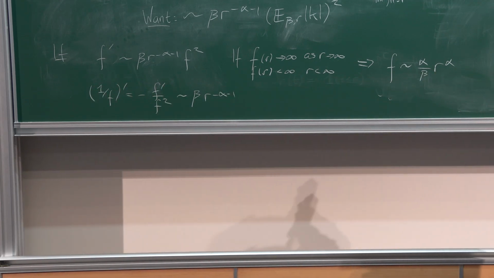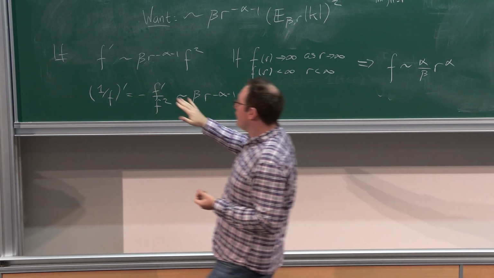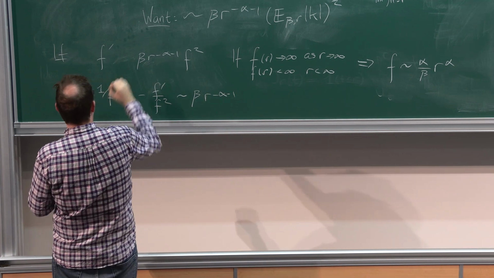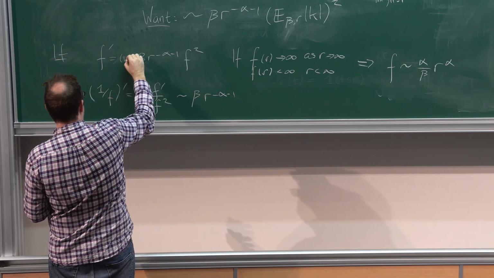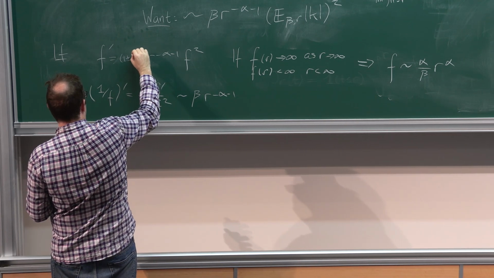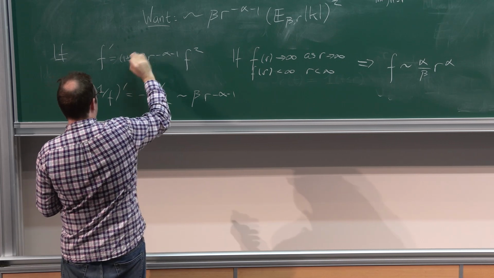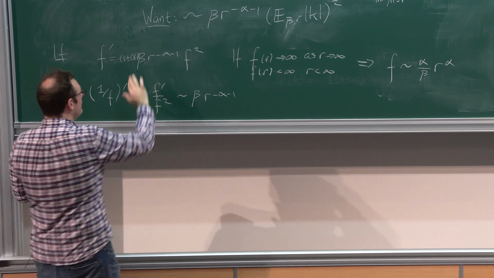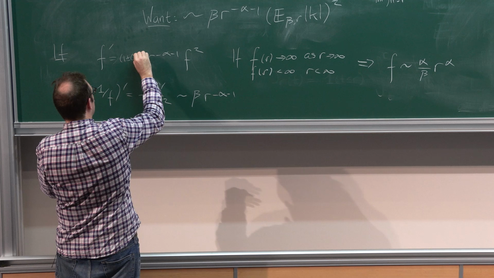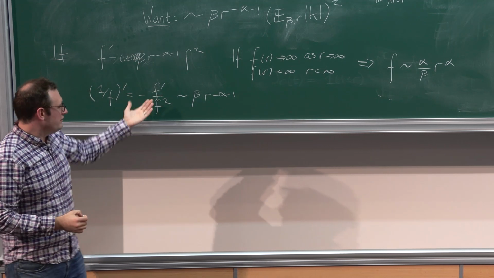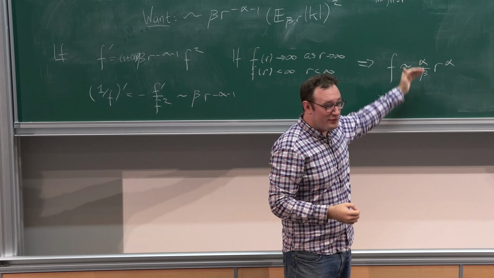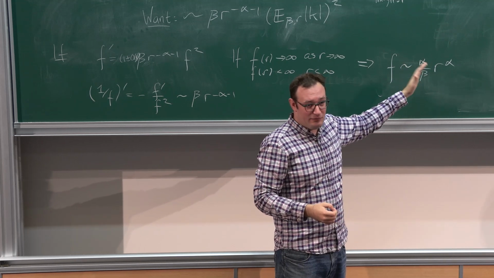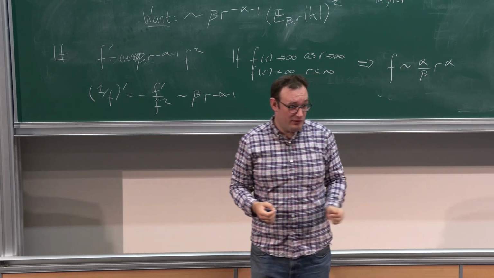Moreover, you can see this analysis is very robust. If you just knew, for example, that the derivative was equal to this plus or minus something bounded but small, then by the same analysis you would get that f is equal to this up to some small constant multiples.